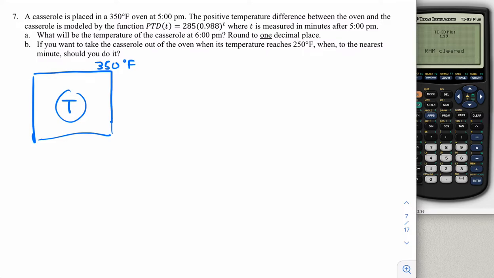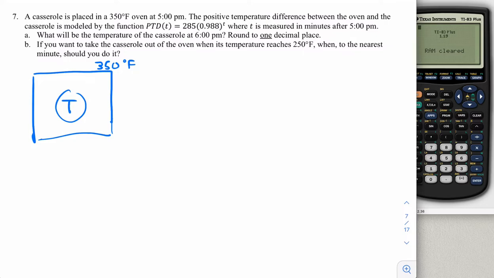Now we are given here a positive temperature difference model, a PTD model, for this situation. So Newton's law of heating has already been applied here, at least that first step where we model the positive temperature differences.